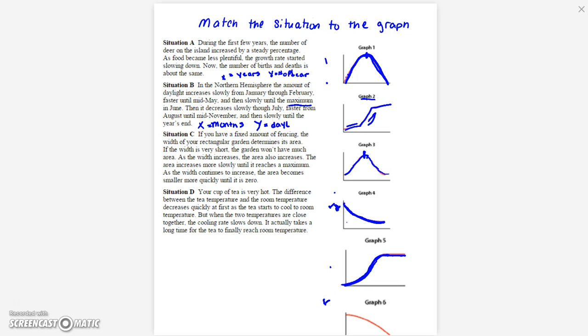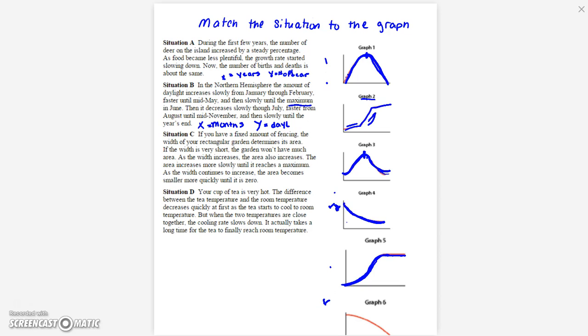And if you said graph 3, you are correct. This part here, starting off slower, then getting faster, faster, maximum, coming down slower, and then getting faster, faster at the bottom. So situation B matches graph 3.